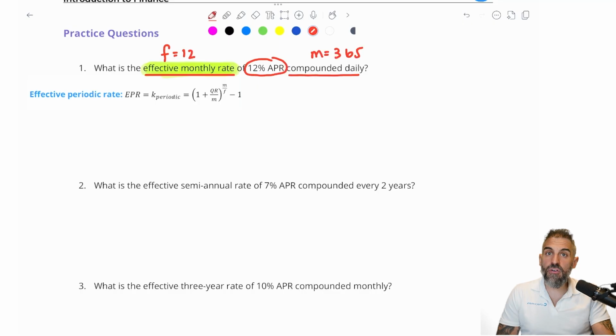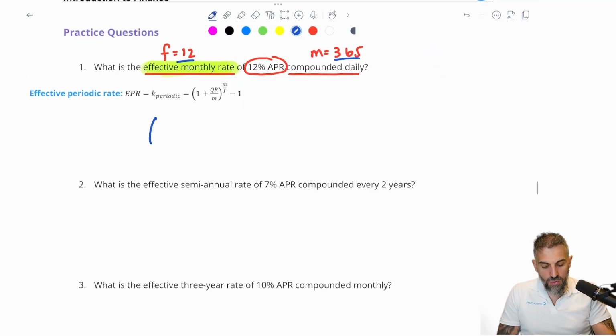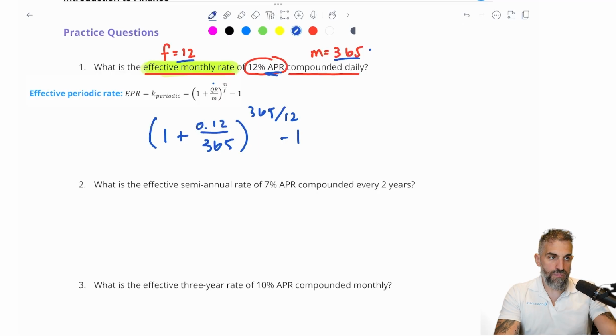You see, you can't divide, and this is the step in the previous exercises that I said, oh, you take your 12% and you divide it by your M. You can't do that here because they're different. So 1 plus the QR is the APR. So 12% divided by your compounding, 365, to the power M over F, 365 over 12, minus 1.